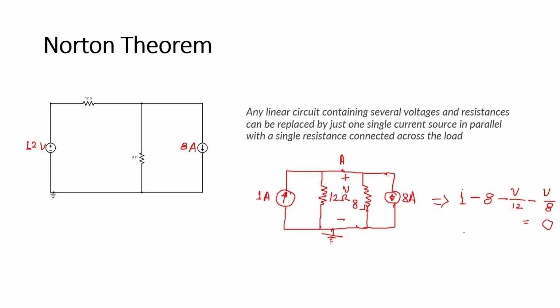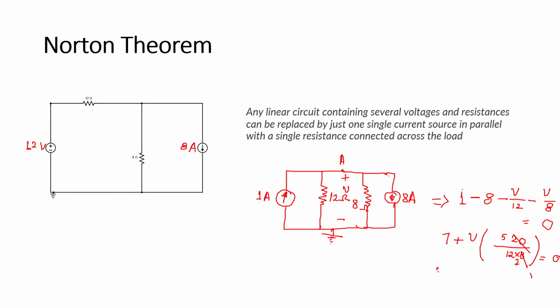V is the voltage at point A. So we have minus 7 plus V times 20 by (12 into 8), that is 5 by 24, equals 0.